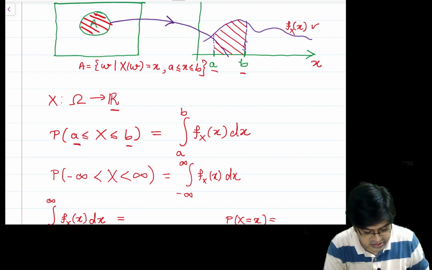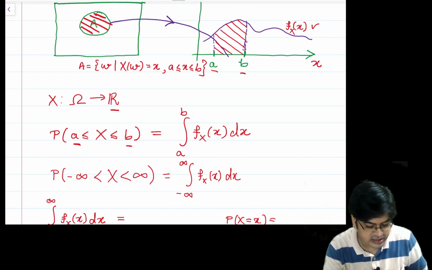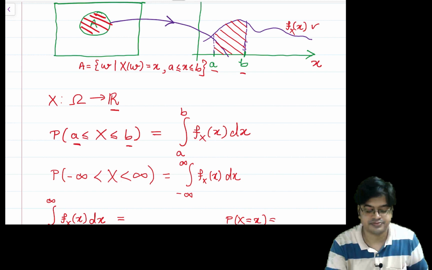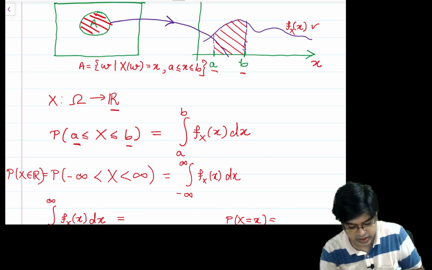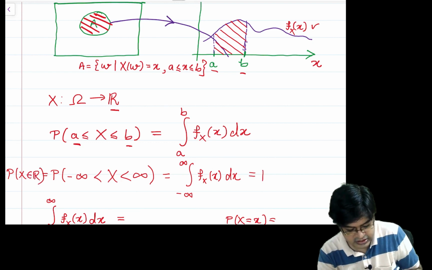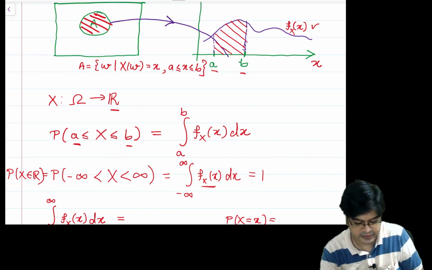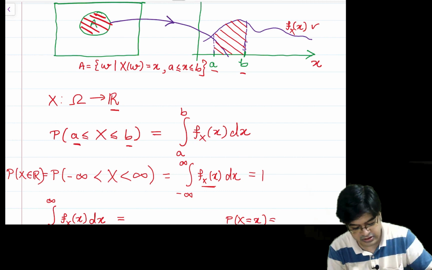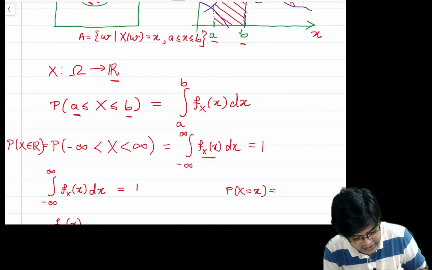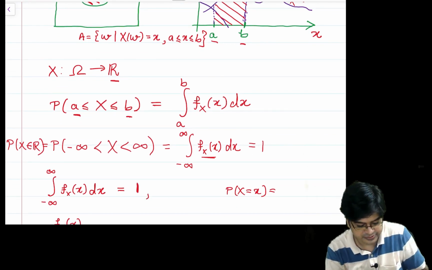But this essentially says that X belongs to the real line. This is an event which says the probability that X belongs to R. What is the probability of this event? 1. So naturally this particular function should satisfy this condition: the integral of f_X(x) is equal to 1.